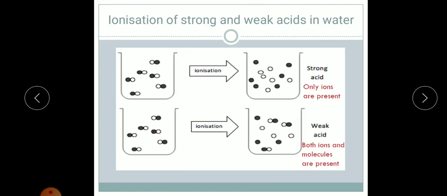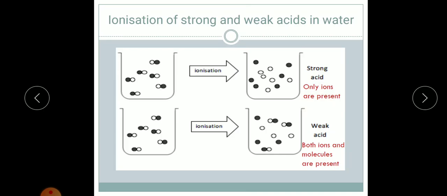Now, to have a clear idea about strong and weak acids in water, we have taken this acid. When it dissolves in water, it will ionize into H plus and another negative ion. When it is completely ionized, that means completely separated from each other, it is called a strong acid, and only ions are present, either positive or negative.